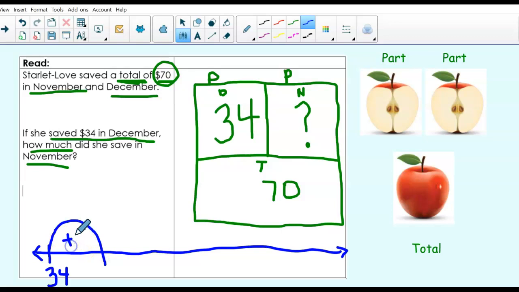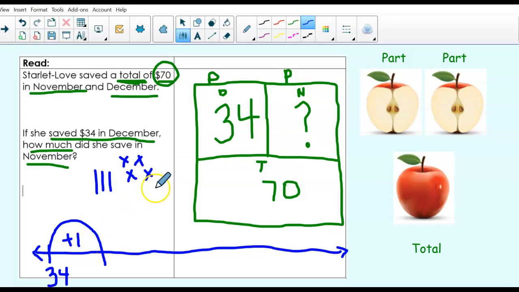Plus 1. What is 34 plus 1? Remember, boys and girls, if you're having trouble counting, you can always draw the number 34 with base 10 blocks. 10, 20, 30, and 4 ones. 1, 2, 3, 4.